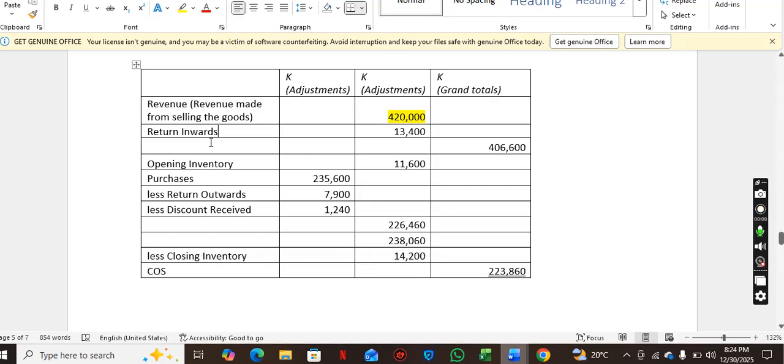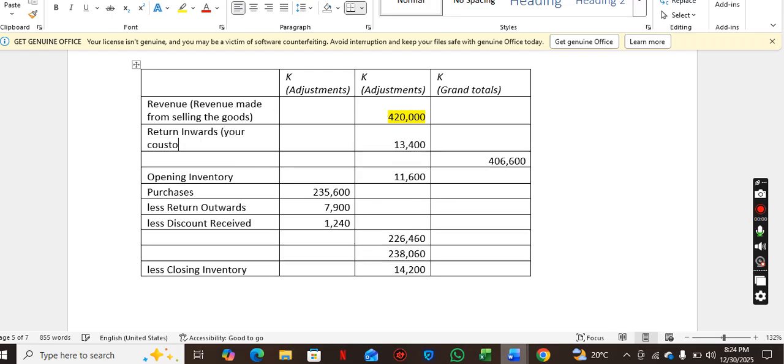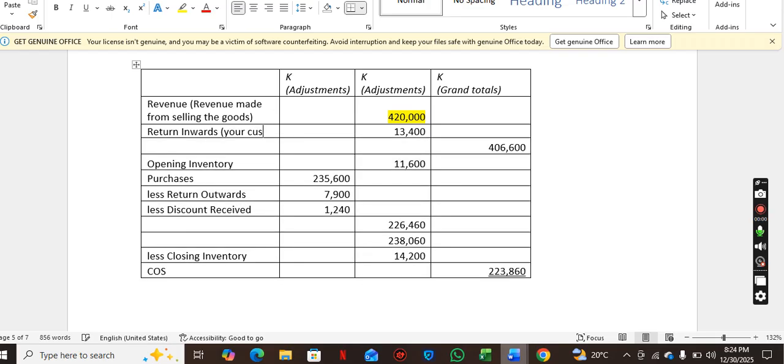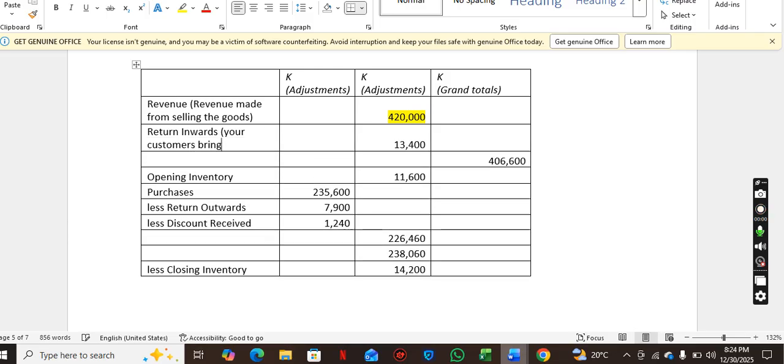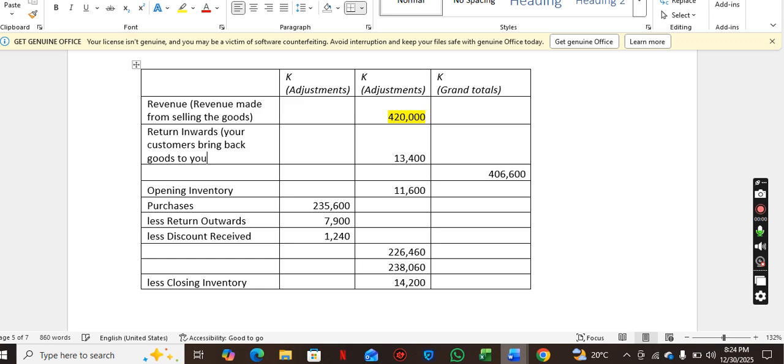Return inwards, colleagues, is when your customers bring back goods to you. It's a contra revenue account. Remember, a contra account reduces something. So a contra revenue account means it reduces your revenue. So you're going to subtract your return inwards.